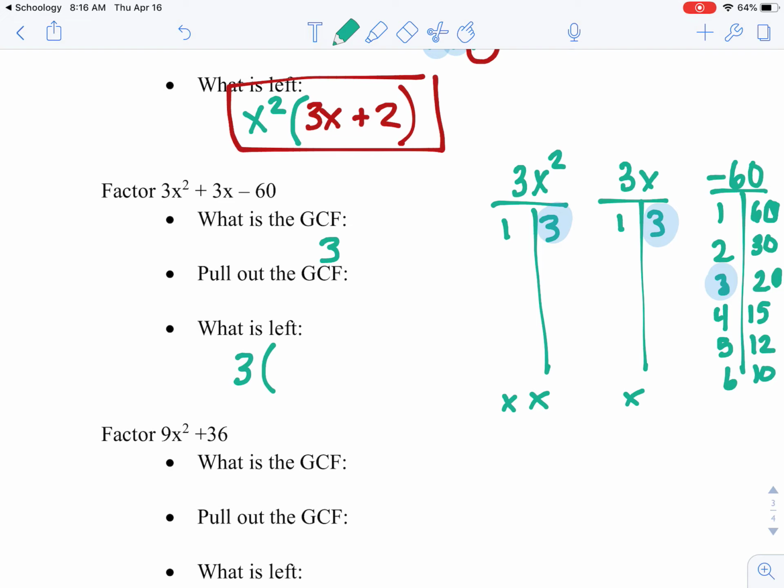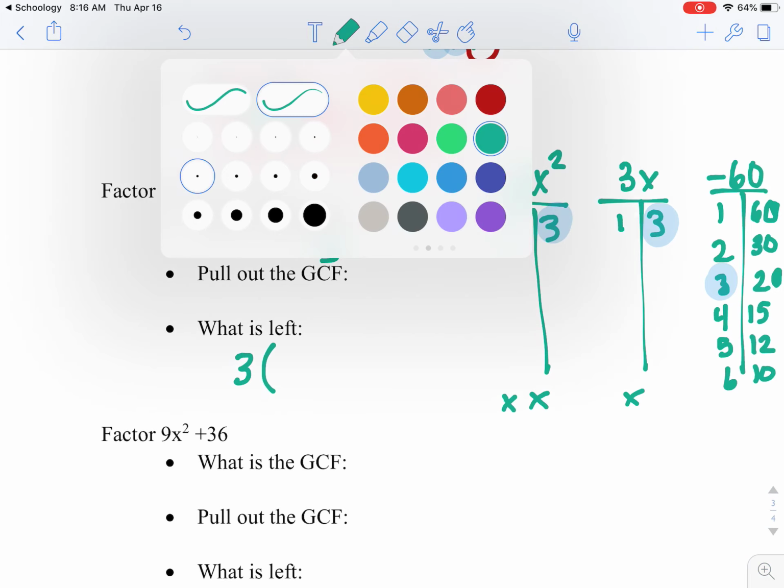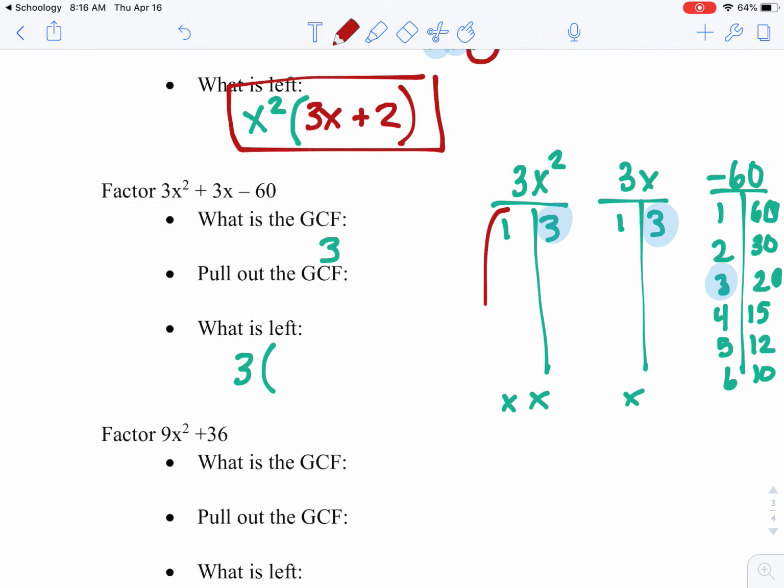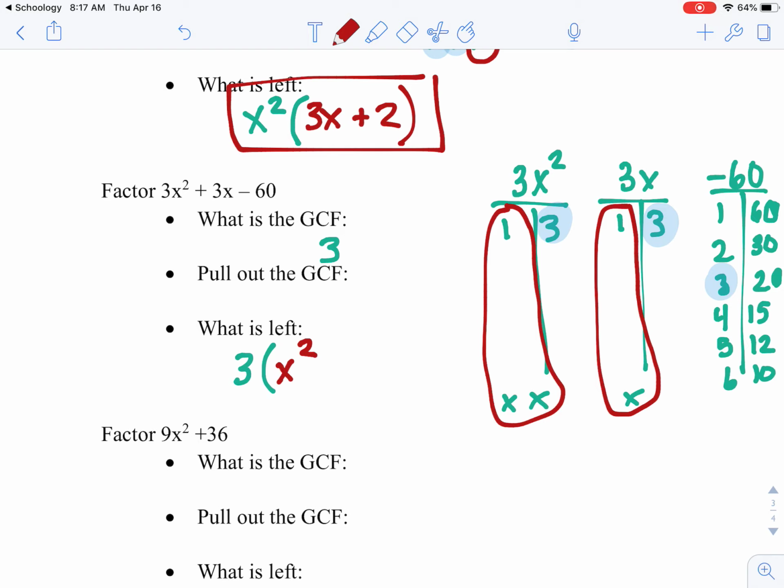So we're going to take that out. And then we're looking for what's left. So what's left, right? I have a 1 and x squared. So that's just x squared. My second term plus x. And my third term, what you're going to look for is what is the number next to the GCF you pulled out. So plus 20.